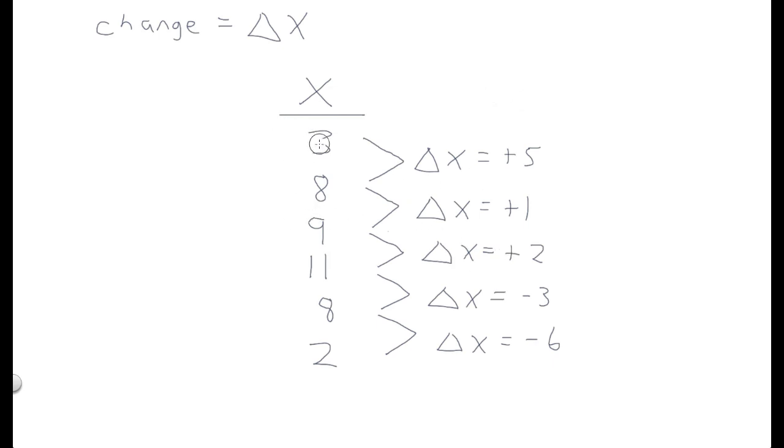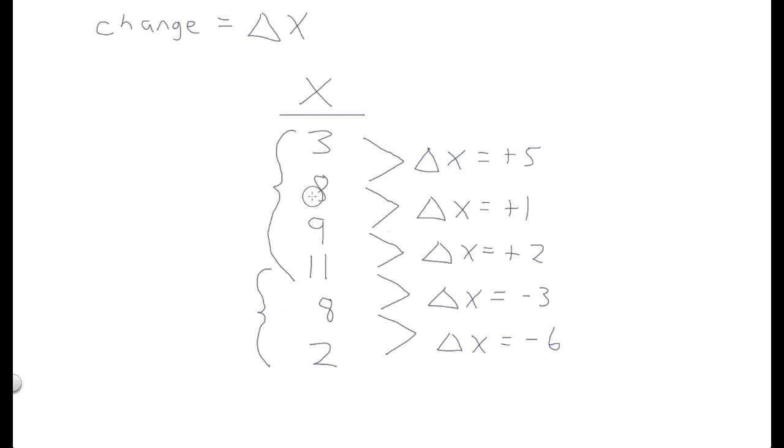Now, what would you say about the levels in this region? Let's look at this region compared to this region. Would you say these levels are increasing or decreasing? Those are increasing. Good.